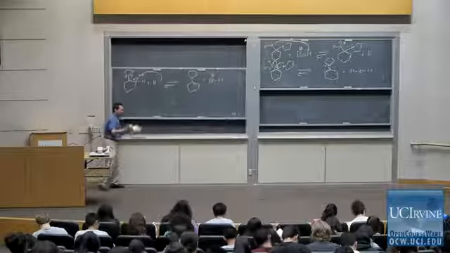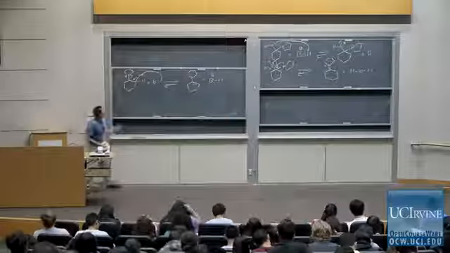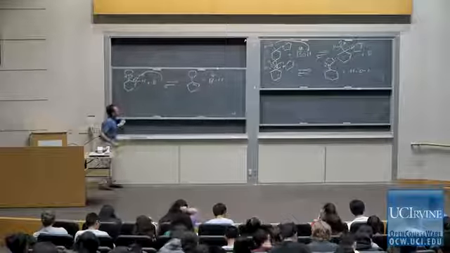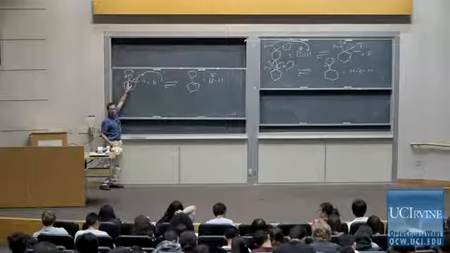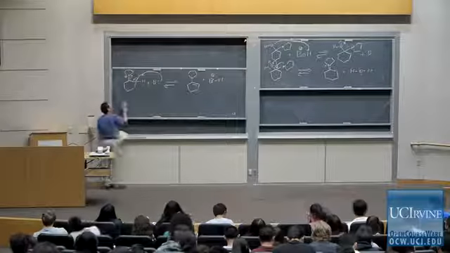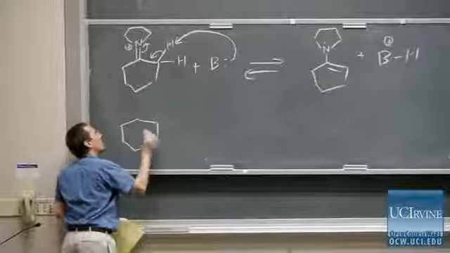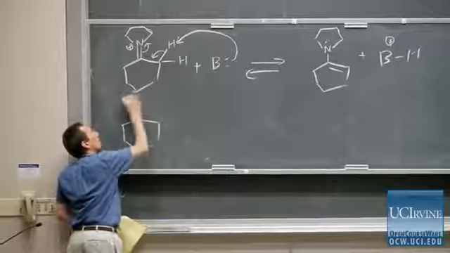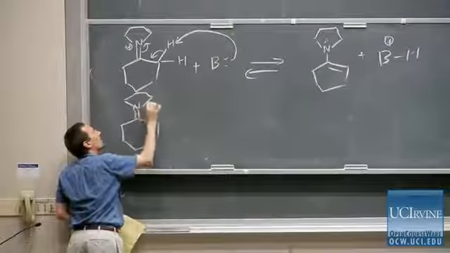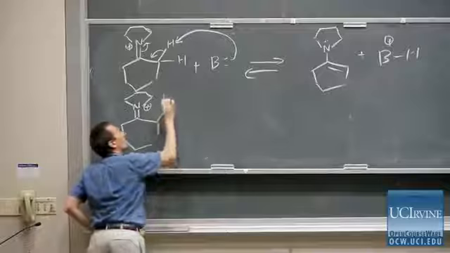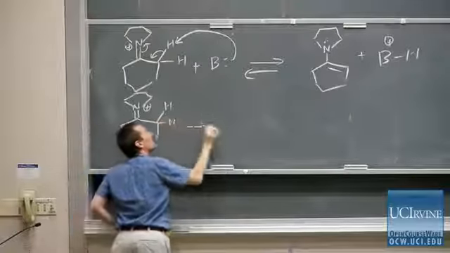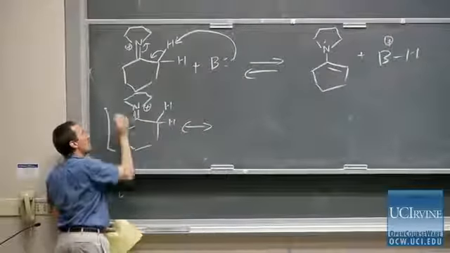Now, equally valid is recognizing the fact that we can think about there being two resonance structures of the iminium ion. And I'll use a resonance arrow.